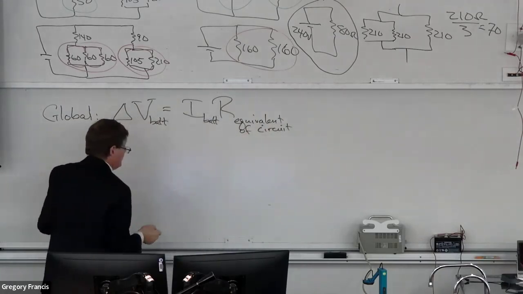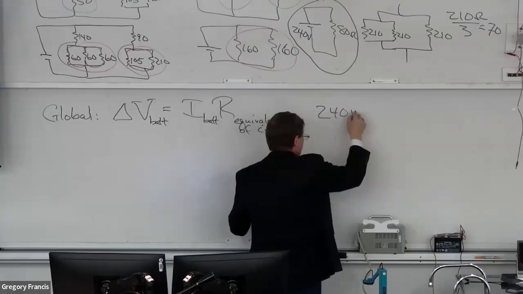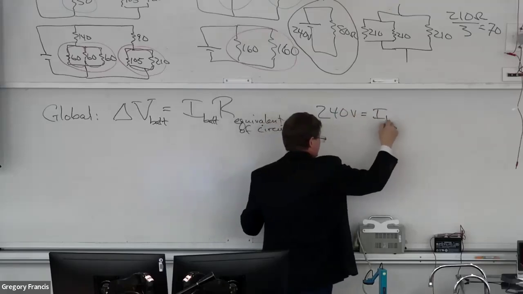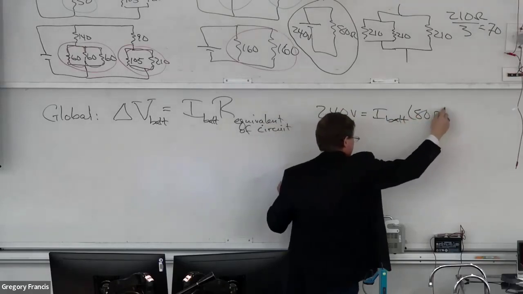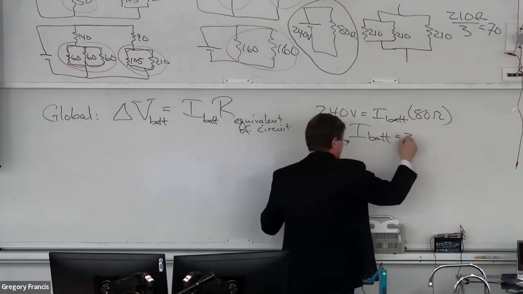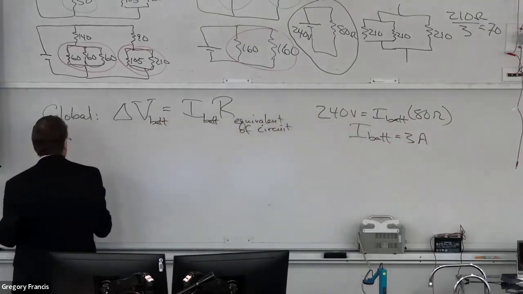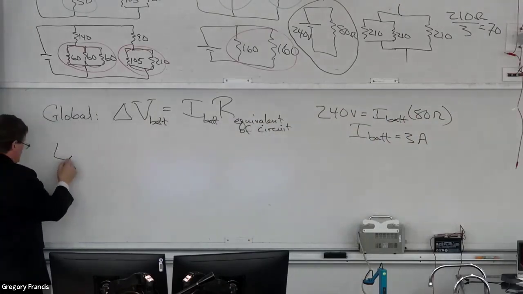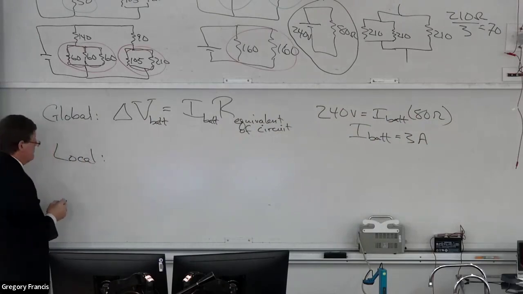In this case, I would have 240 volts equals the current through the battery times 80 ohms. That gives me the current through the battery is equal to 3 amps. Now, there's another way to use Ohm's law, and that's locally. And that's what we'll do later on in this problem.